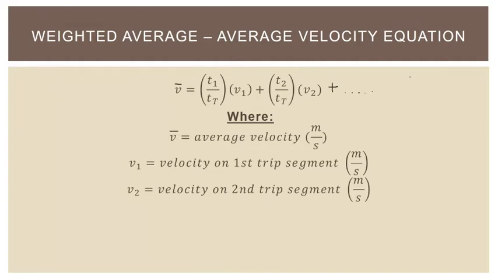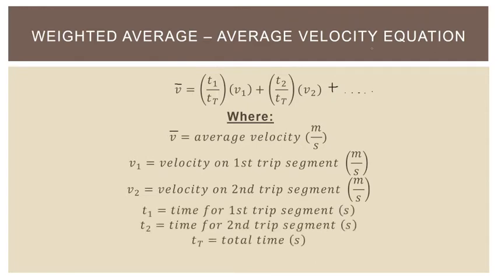If they give you 4 trip segments, then the next term would be T3 over T total times V3, and then T4 over T total times V4. And then, of course, the T's corresponding to the first and second trip segment are labeled as T1 and T2, and then, rather obviously, I think, T with the subscript T there is the total time of the trip.